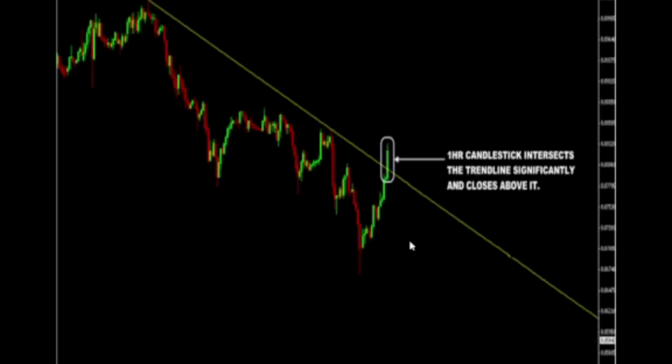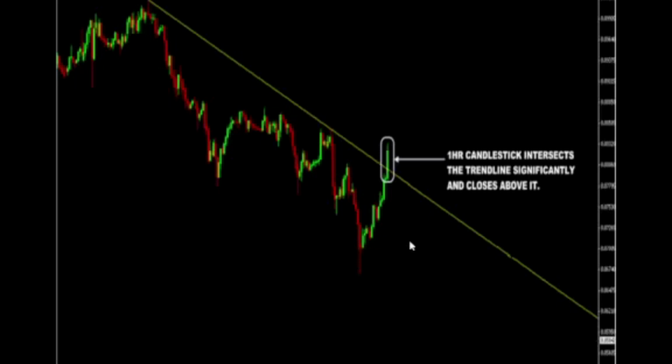Now notice, if you see a shorter body length of the candlestick that intersects the trend line and closes above or below it, this is likely an indication that the market has lost momentum.